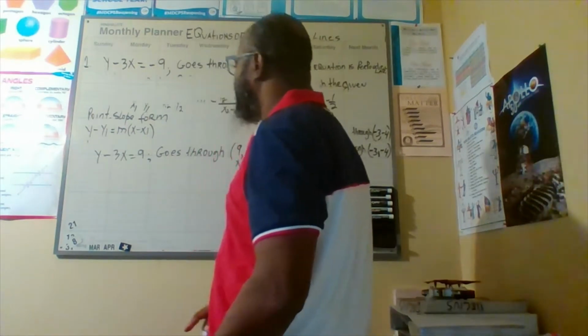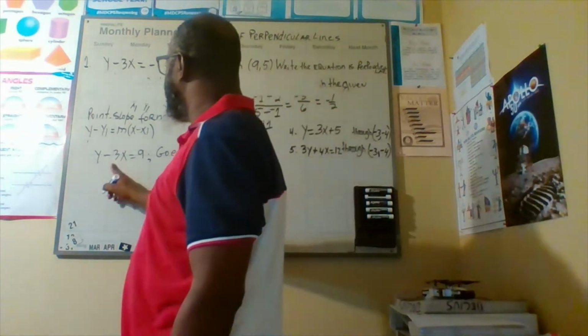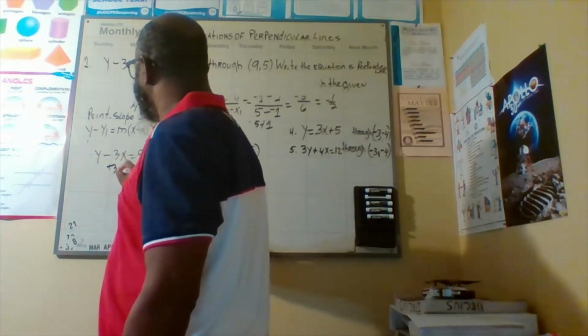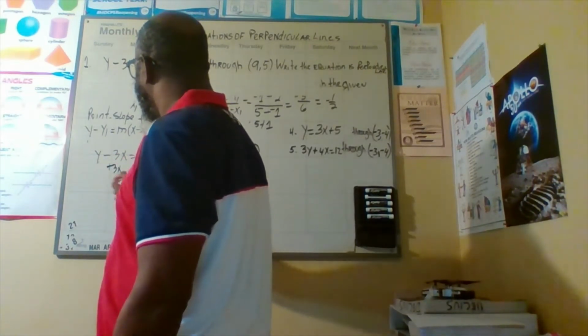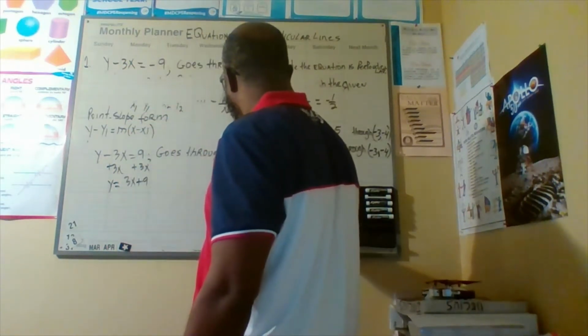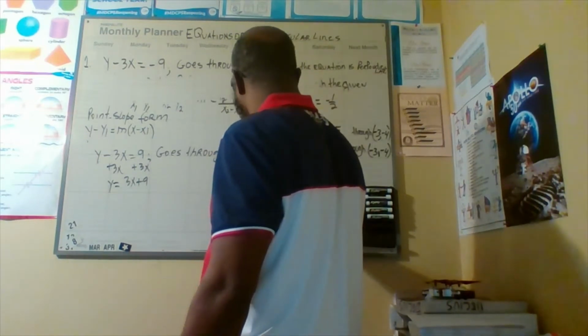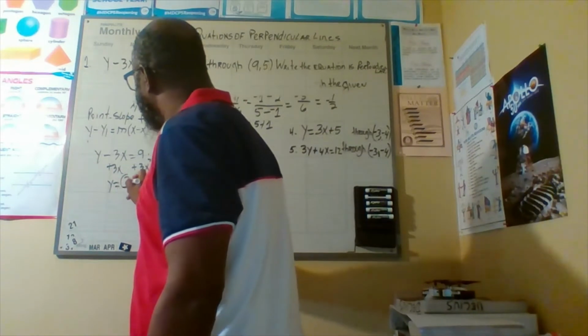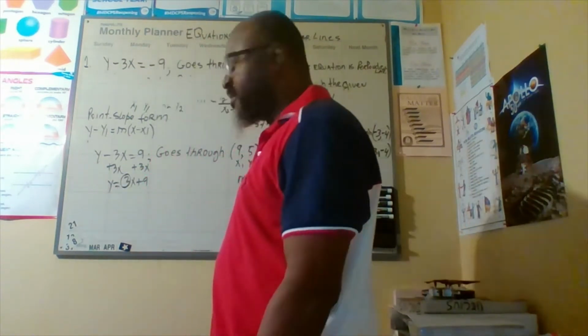Now I need to identify this slope. In order to identify this slope, I need to solve for y. So I will have to add 3x on each side. So I will have y equal 3x plus 9. In this case, my m1 is 3, y equal mx plus b. This slope is the coefficient in front of your x.